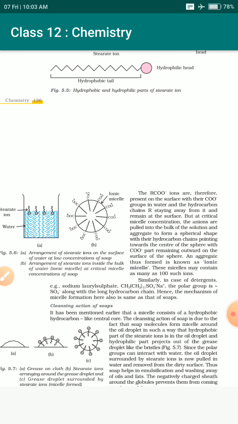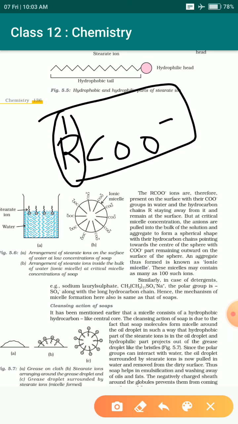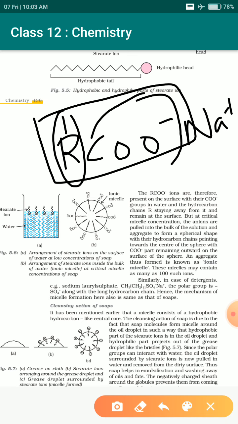Now we are speaking about the micelle formation here, right? So we need to understand how this micelle is actually formed. See, we have this RCOO minus part, where the R part will not be attracted towards water. Now suppose you have water in a container. What happens is that this chemical, which is actually sodium stearate, has its hydrophilic part attracted towards water and gets into the water.